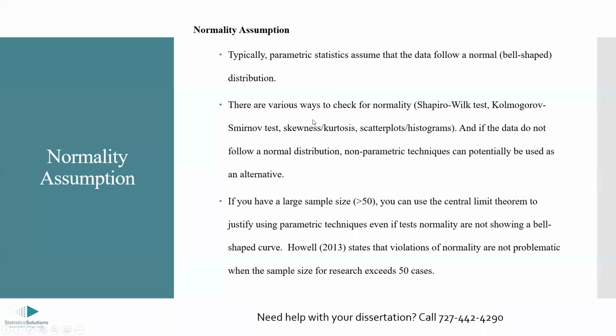You can also look at descriptives like skewness and kurtosis to tell you if the data are skewed and deviate from normality. And you can also use scatter plots and histograms. So there's the objective testing method and there's the visual interpretation using scatter plots or histograms.